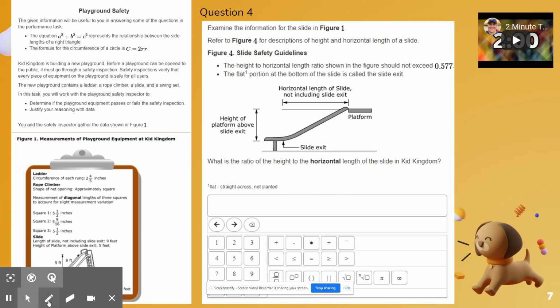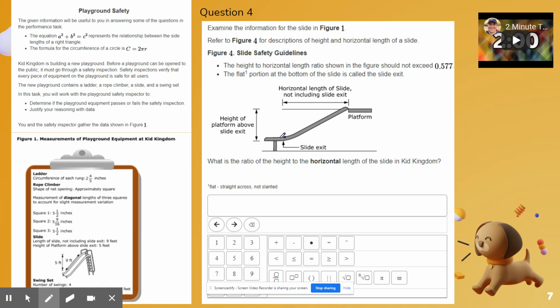So the next question says, examine the information for the slide figure. Refer to figure 4 for the description of the height and length of the slide. The height to horizontal length ratio shown in the figure should not exceed 0.577. The flat portion at the bottom of the slide is called the slide exit.